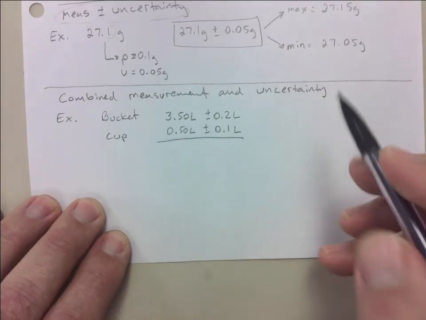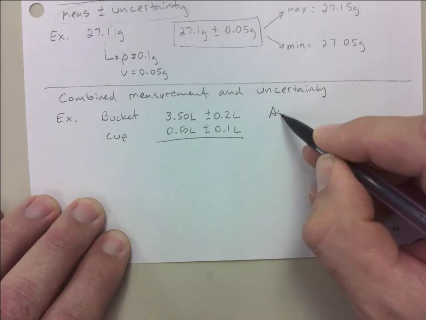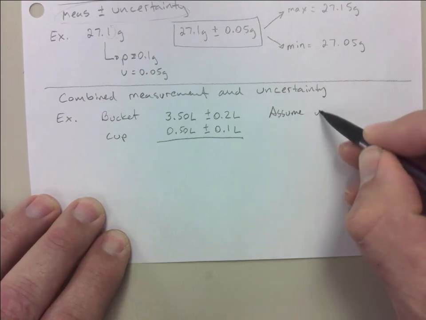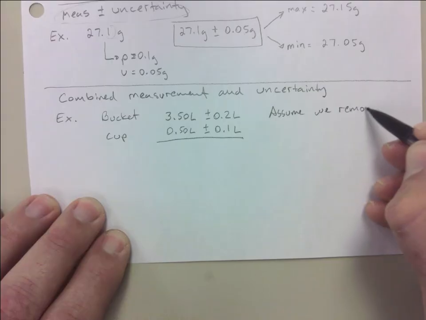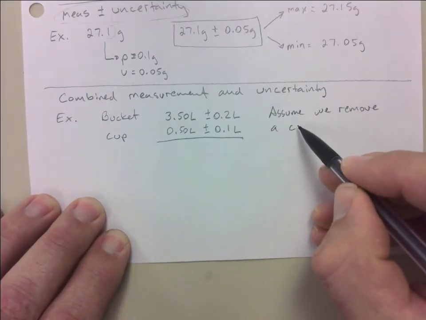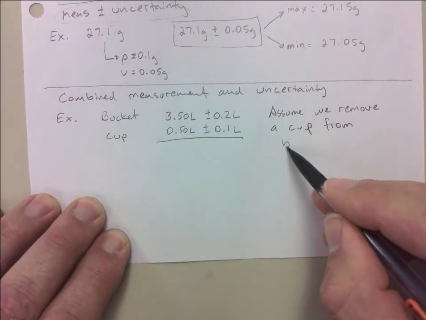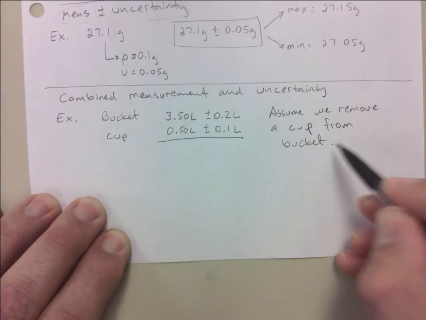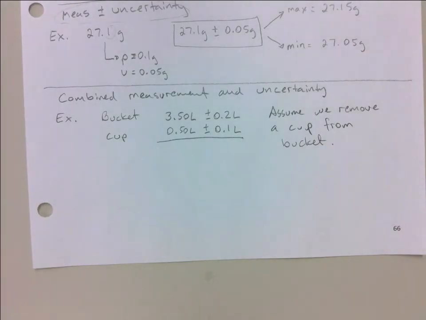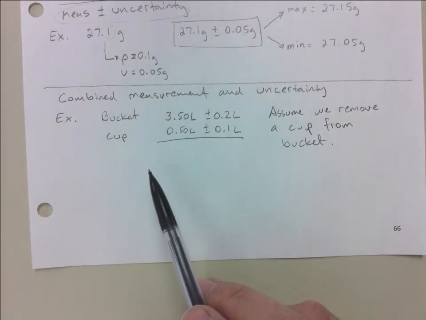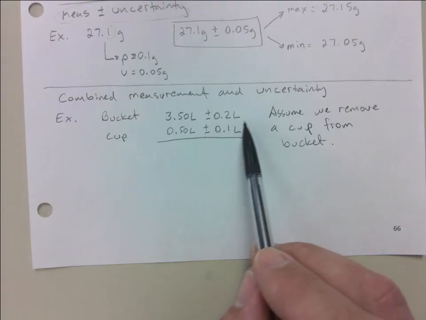Let's say we are removing, assume we remove a cup from the bucket. What would you do in this case? So in this case, I simplified it to a certain degree.